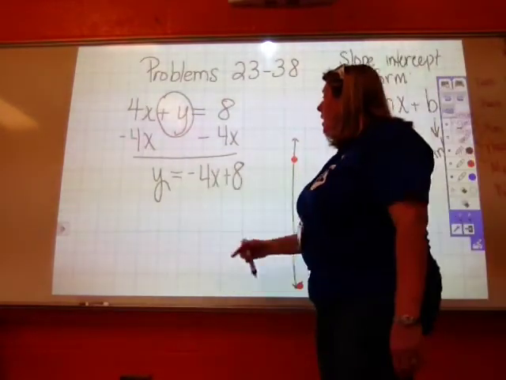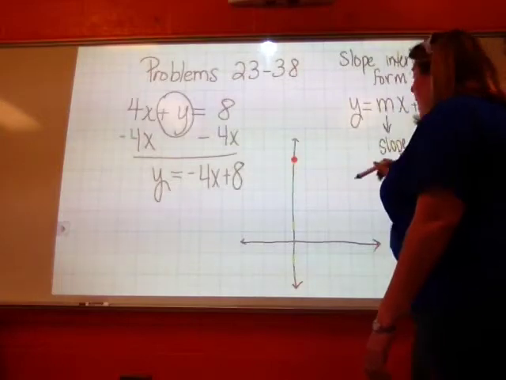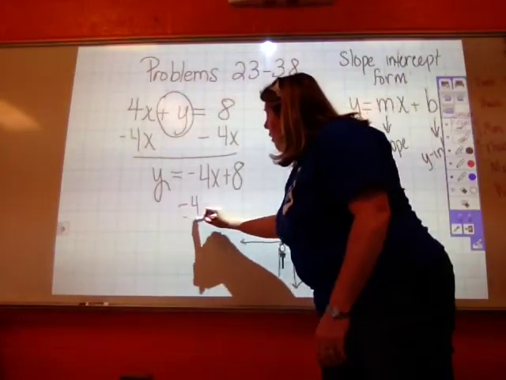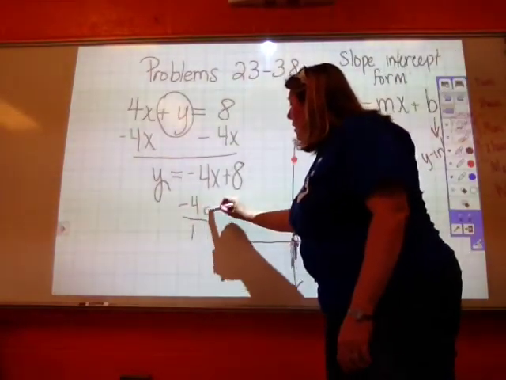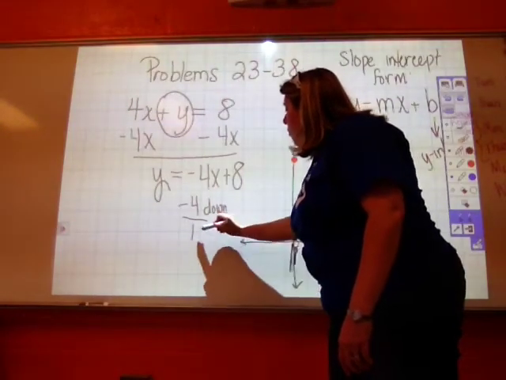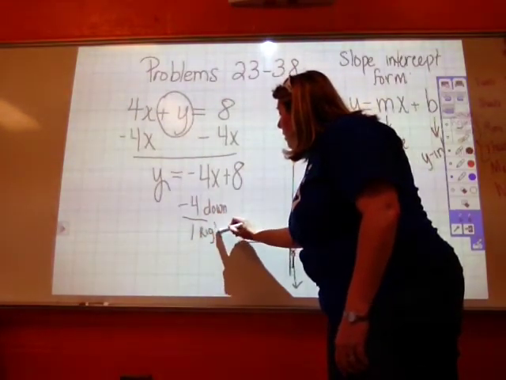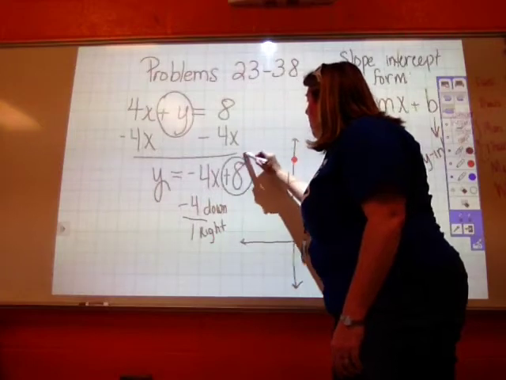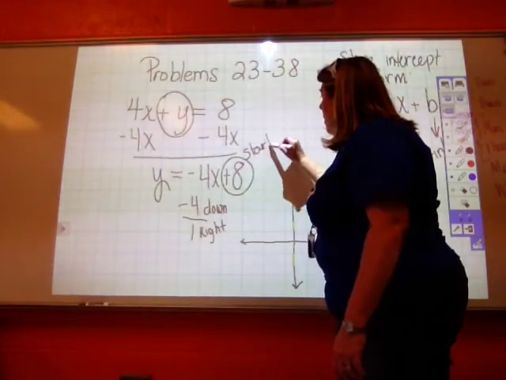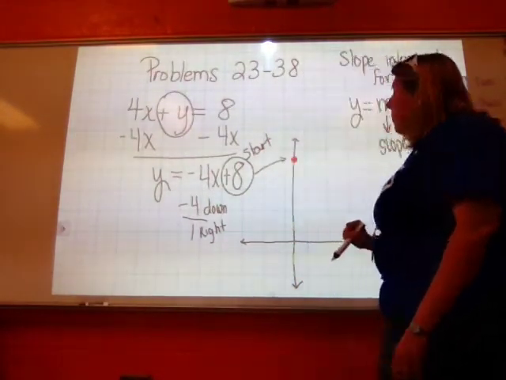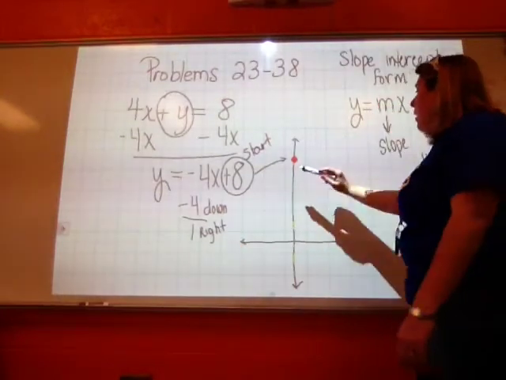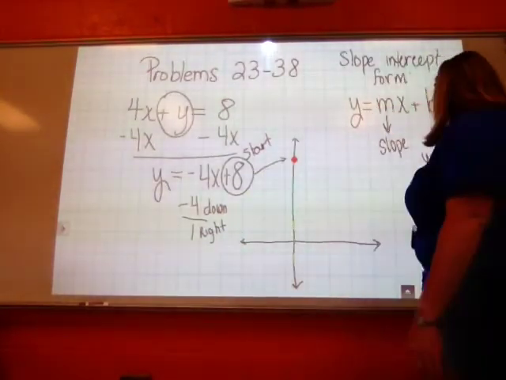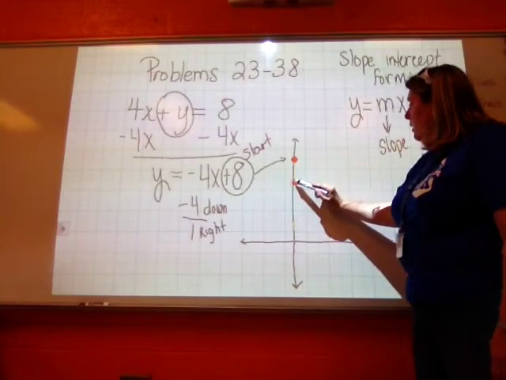My slope is a negative 4, or a negative 4 over 1. This negative 4 tells me to move down. The 1 tells me to move to the right. This told me where to start. So I'm going to move down 4, 1, 2, 3, 4.